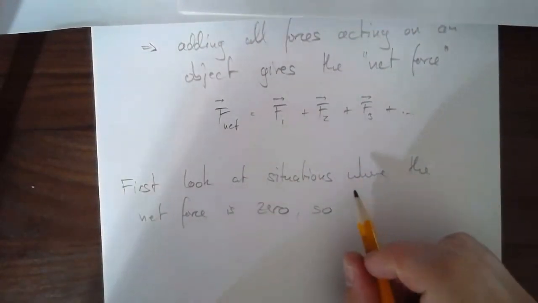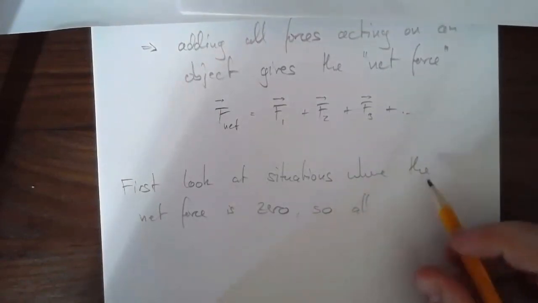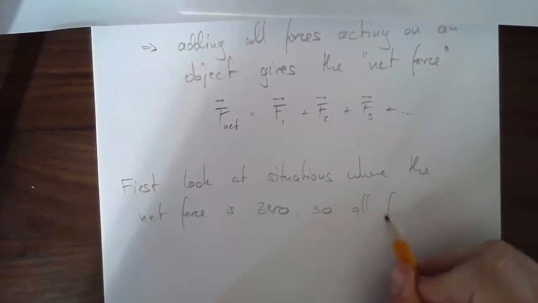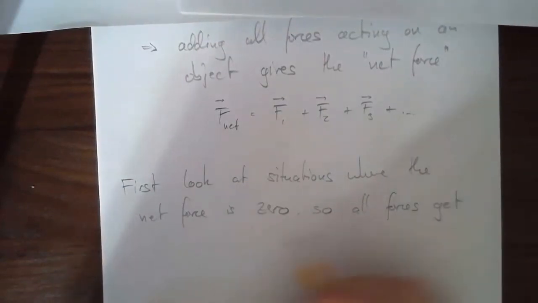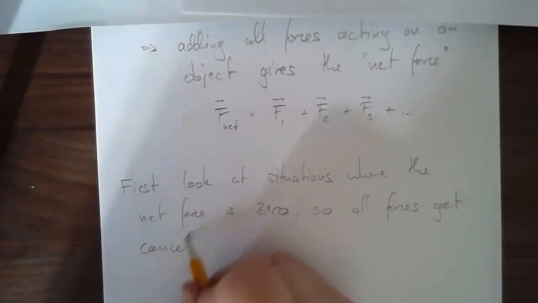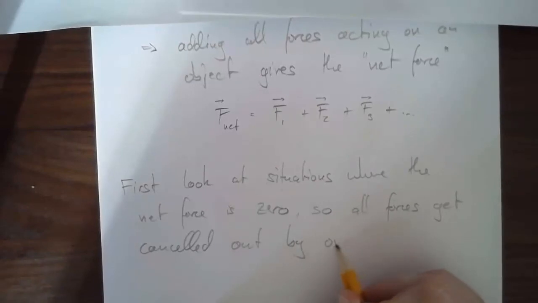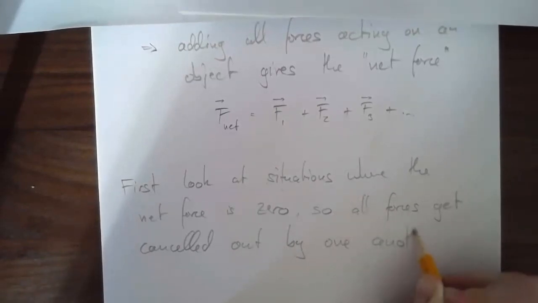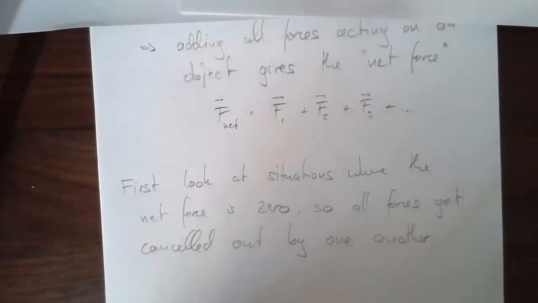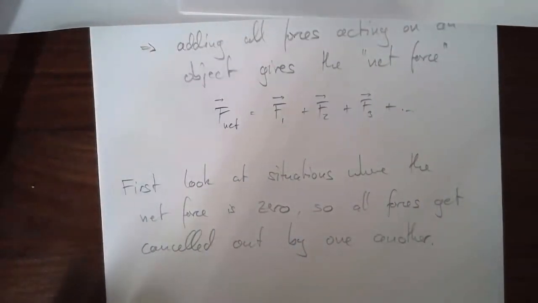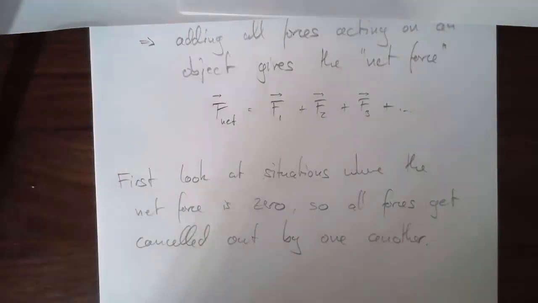Another way of saying the net force is 0 is that all forces get cancelled out by one another. In such a situation, we say the object is in mechanical equilibrium, but we'll define it again properly in the next video.